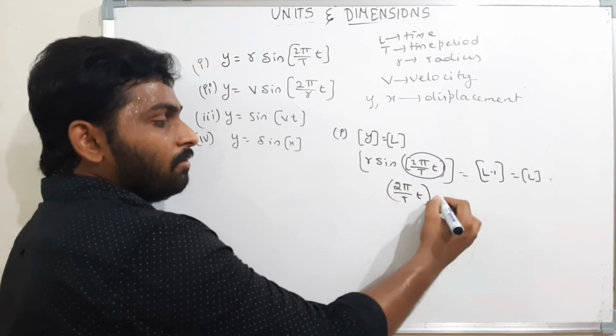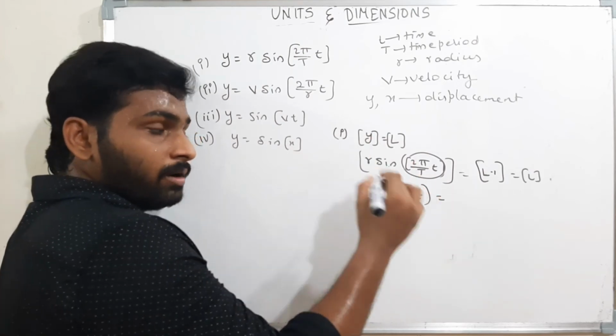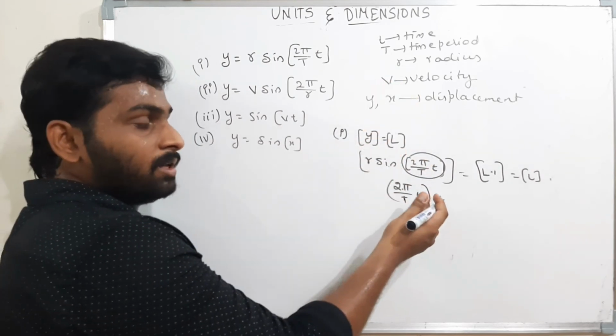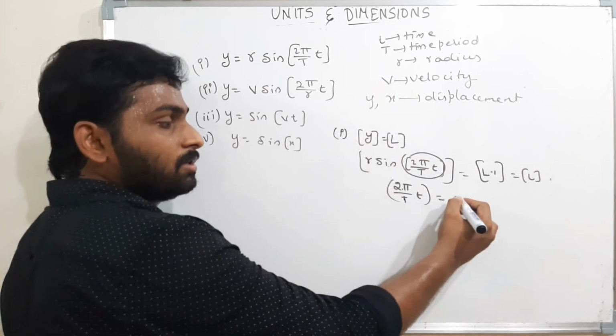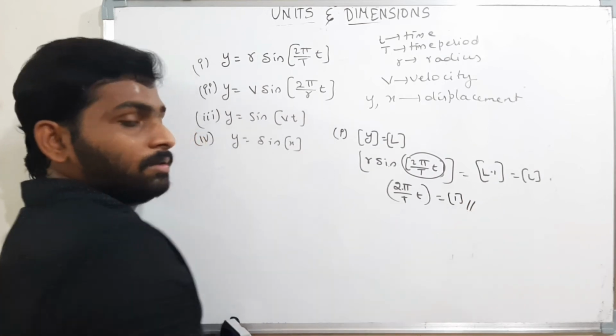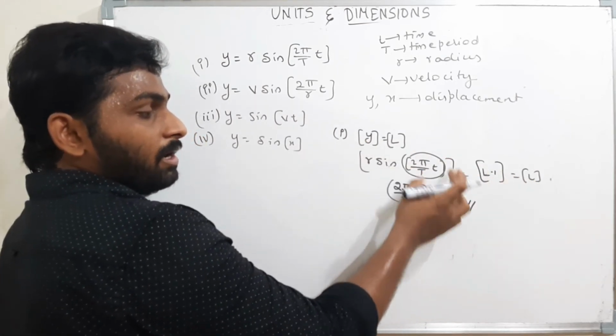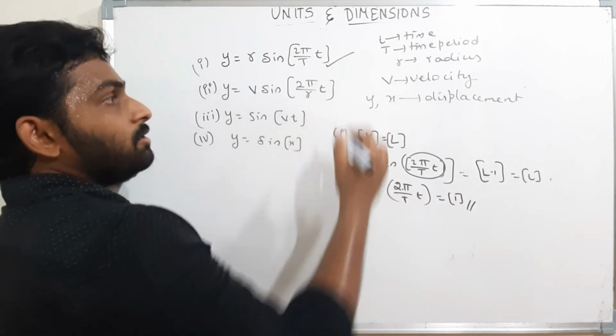The dimension of 2 pi is 1, T is the time period, and t is time. Therefore time by time, the dimension formula is 1. LHS is equal to RHS and the dimension of the angle is 1. Therefore this is the right equation.